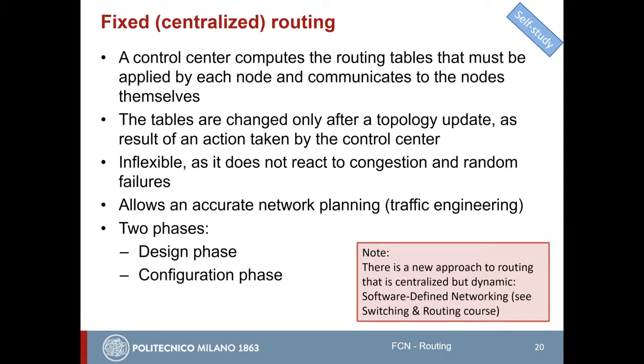And when you do this, of course, you have drawbacks. First of all, because each time you have a change in the topology, then these routing tables must be reconfigured. While if you don't have this centralized manual control, the other algorithms are able to adapt to changes of the topology in a dynamic way.